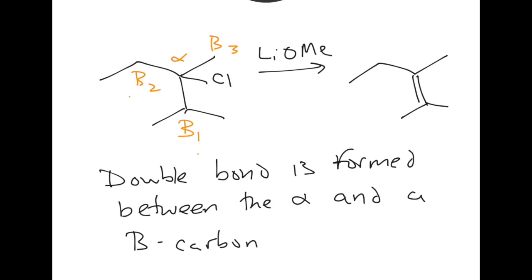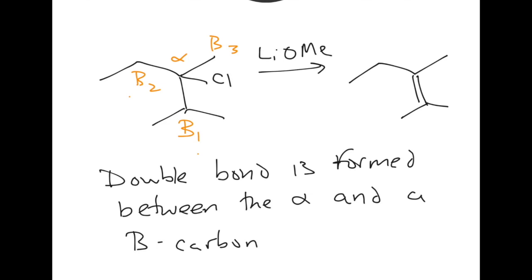So if you go to put your double bond a million miles from where the halide was, stop. Something has gone horribly wrong, right? So you're always looking to identify your alpha carbons and your beta carbons and then count up the hydrogens.